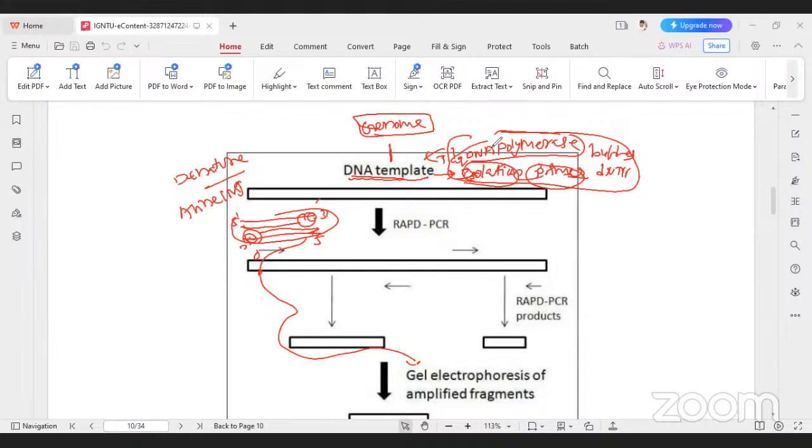RAPD markers have been successfully used for the following applications: construction of genetic maps, mapping of traits, analysis of genetic structure of population, this is important, fingerprinting of individuals, targeting markers to specific regions of the genome, identification of somatic hybrids, and evolutionary and phylogenetic studies.